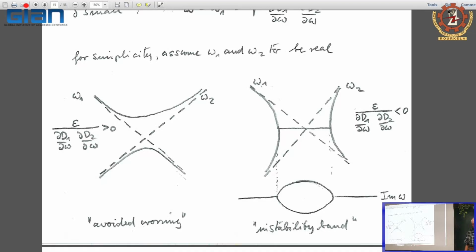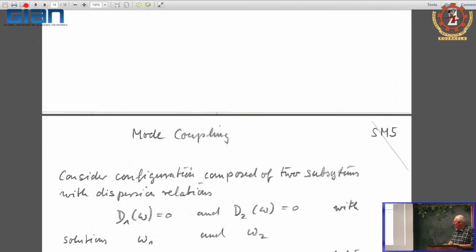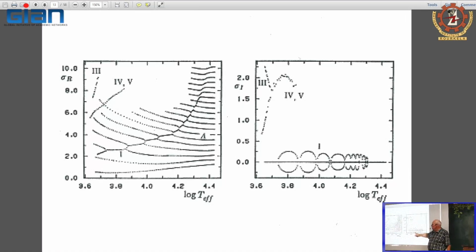Now let's go back to our extreme hydrogen deficient carbon stars. Well, these guys remind you of bubbles of instability, and these guys over there remind you of avoided crossings.